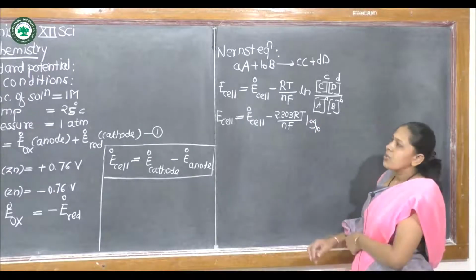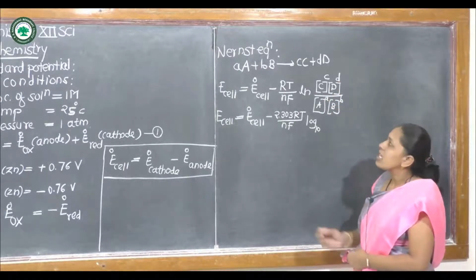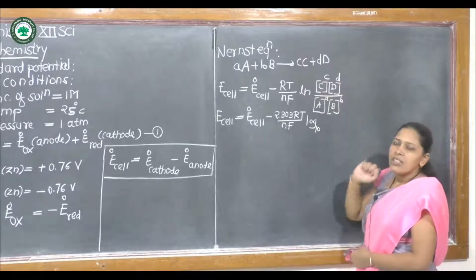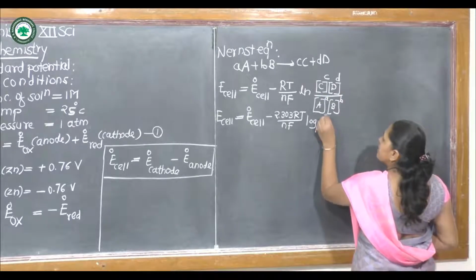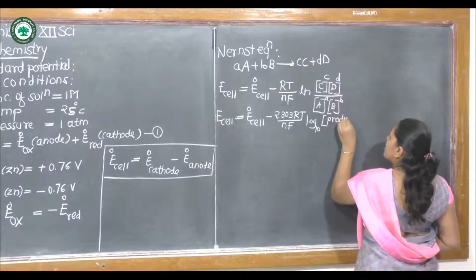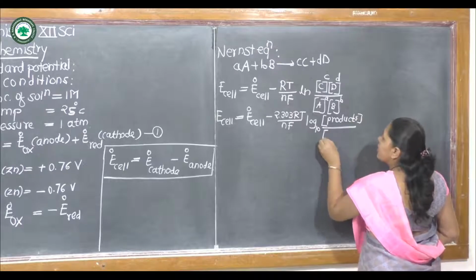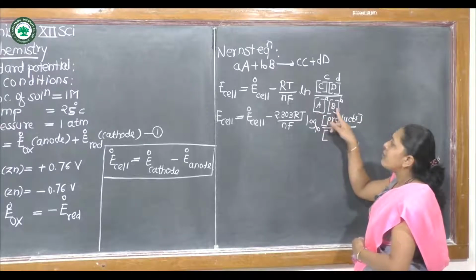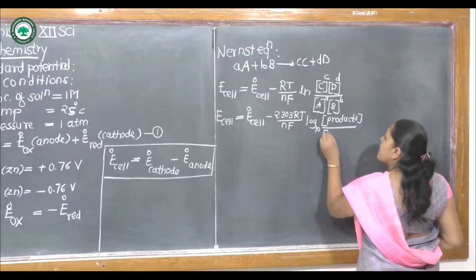Here the concentration of C raised to c and concentration of D raised to d is nothing but the concentration of products, divided by concentration of A multiplied by concentration of B, which is nothing but the concentration of reactants.